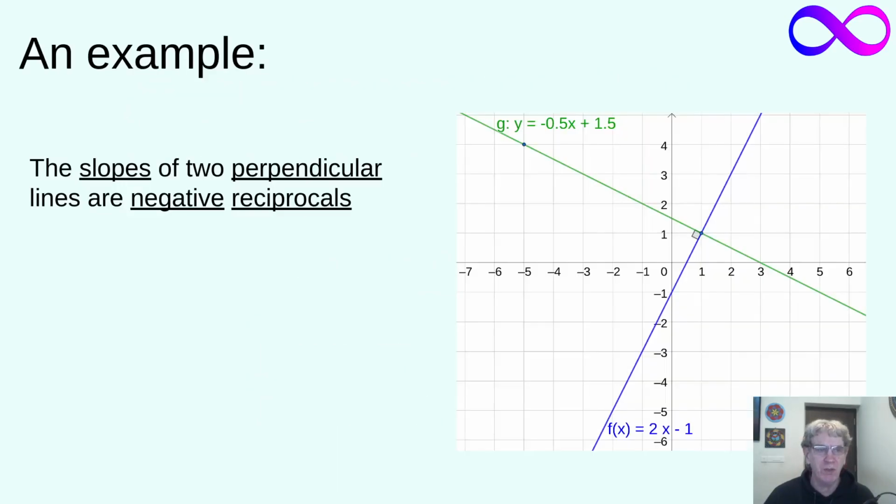So let me just give you an example. Here is a statement that is true in mathematics. The slopes of two perpendicular lines are negative reciprocals. And you can immediately see that the picture helps you to understand this, but I would prefer to give the definition like this: m perpendicular is equal to negative 1 upon m.